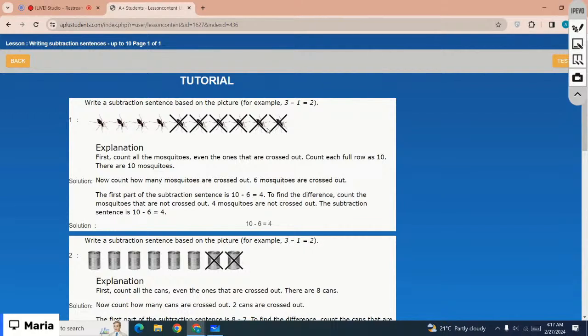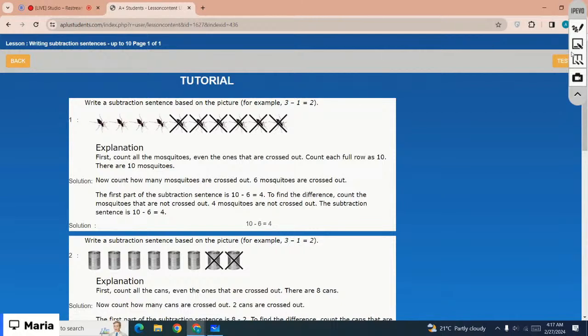You are given 10 mosquitoes, right? Now you have to count the ones that are crossed. 1 2 3 4 5 6, so that means you have 10 take away 6. Then you need to count the ones that are not crossed, so they are 1 2 3 4. So the sentence you can write on the basis of the picture is 10 take away 6 equals 4, right?